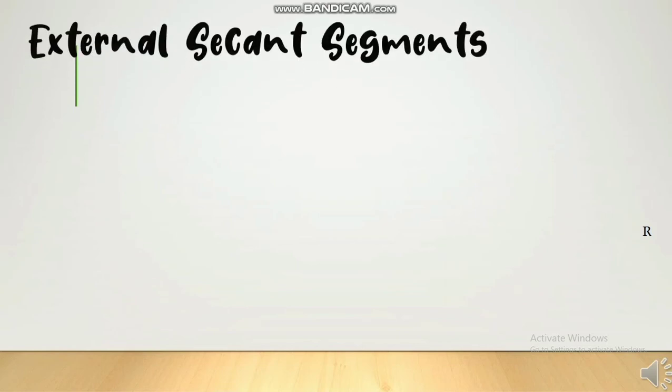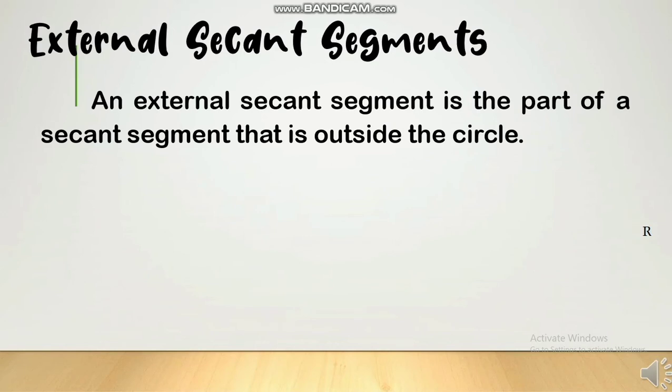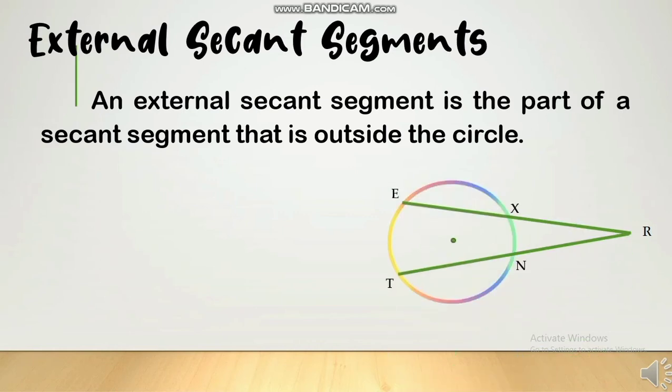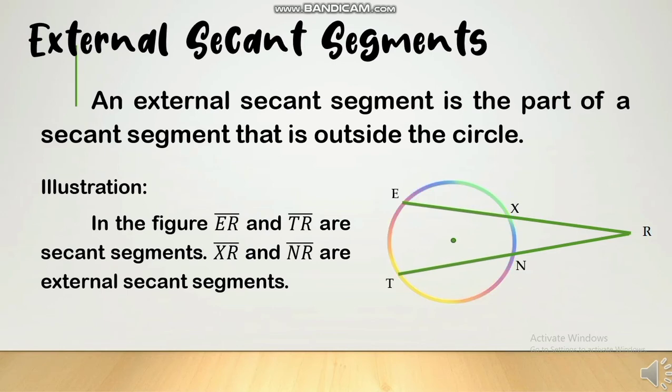External secant segments. An external secant segment is the part of a secant segment that is outside the circle. For the illustration, in the figure, line segment ER and line segment TR are secant segments.